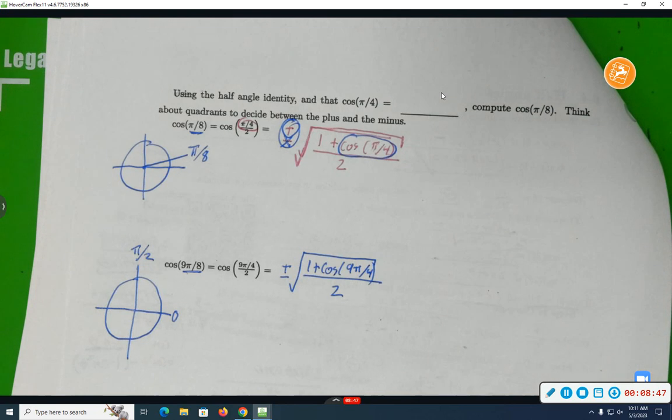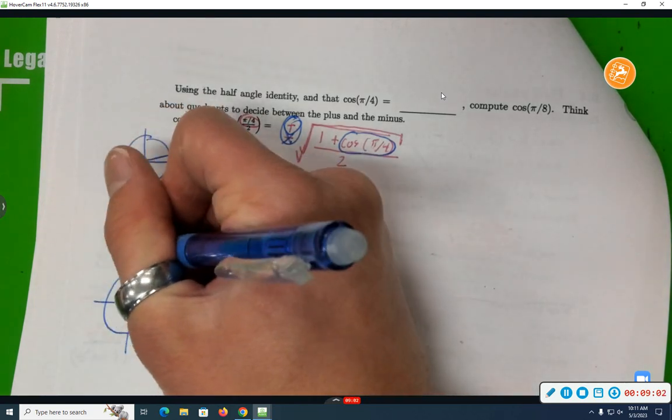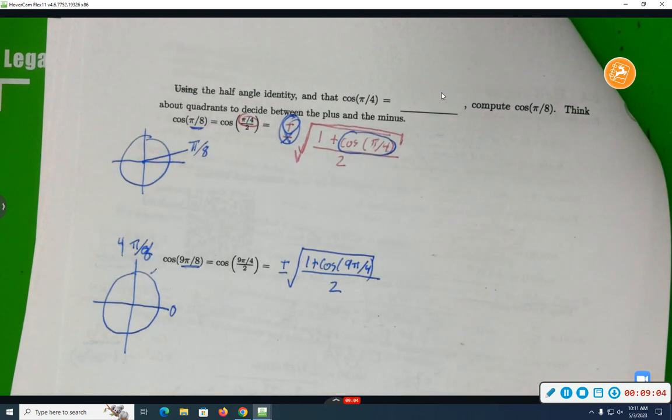Is 9 pi over 8 between 0 and pi over 2? No, because pi over 2 is how many pi's over 8? 4 pi over 8. So let's think of pi over 2 as 4 pi over 8. 9 pi over 8 is not going to be between those two.